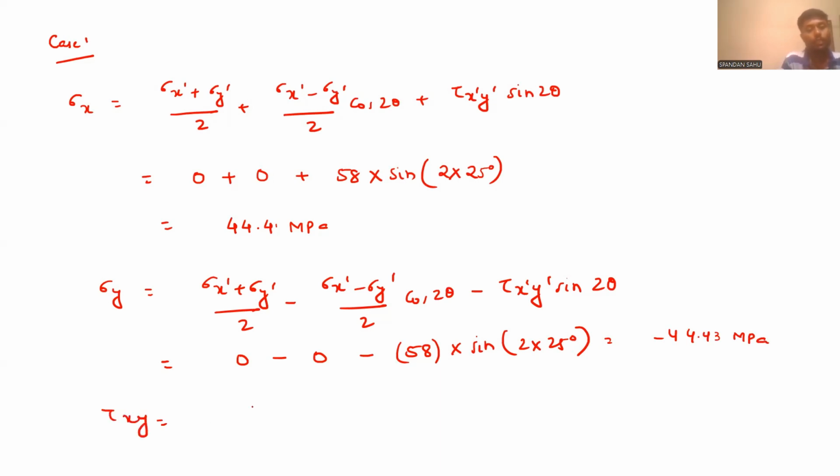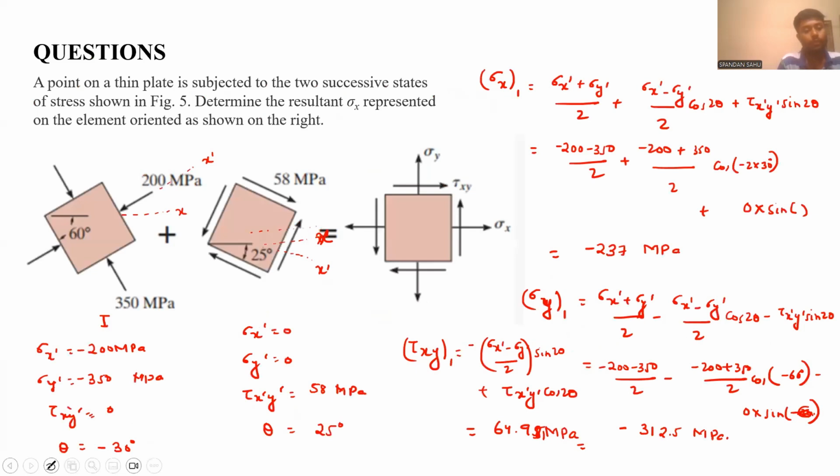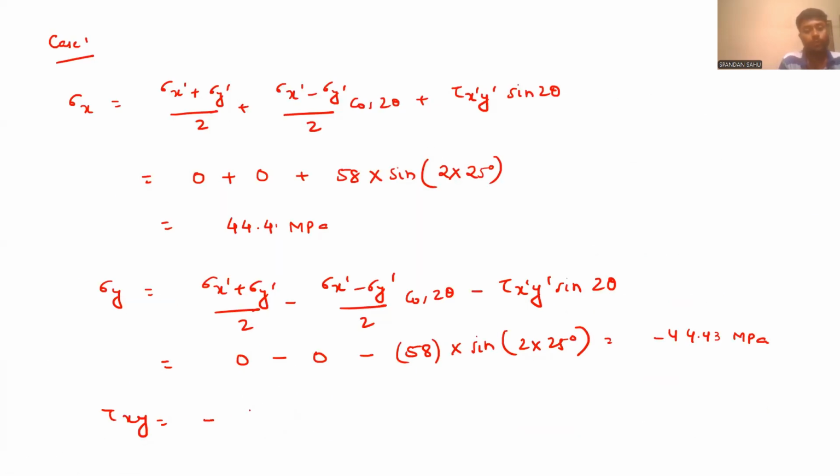Similarly, tau xy can be written as minus of (sigma x prime minus sigma y prime) by 2 sine 2 theta plus tau x prime y prime cos 2 theta.